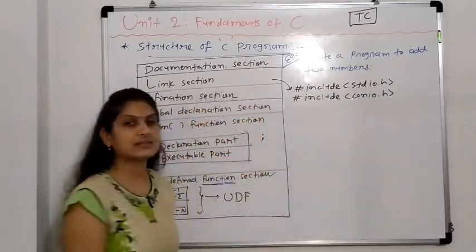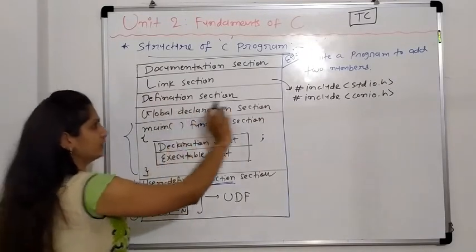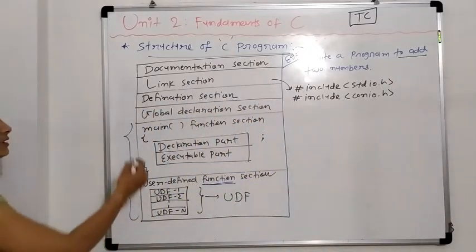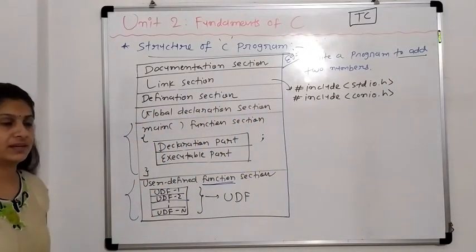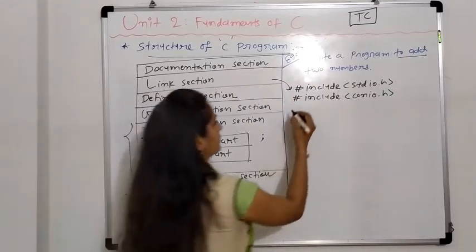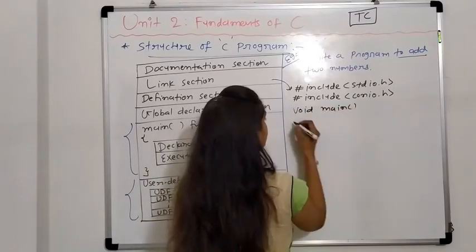Second is #include conio.h. Third is the definition section. Here no symbolic constant is there, so skip this. Again no global variables are needed, so skip this. Directly jump to the void main part. So the next is void main.